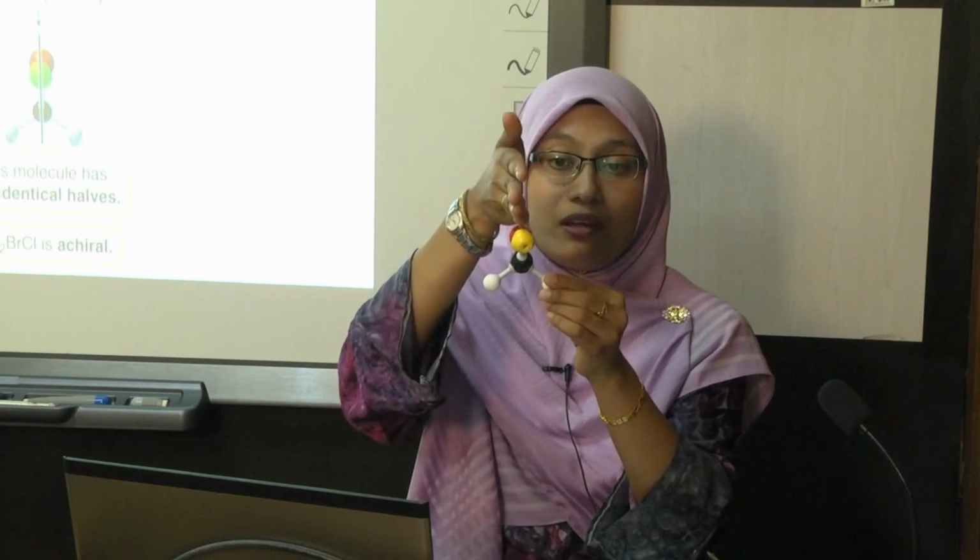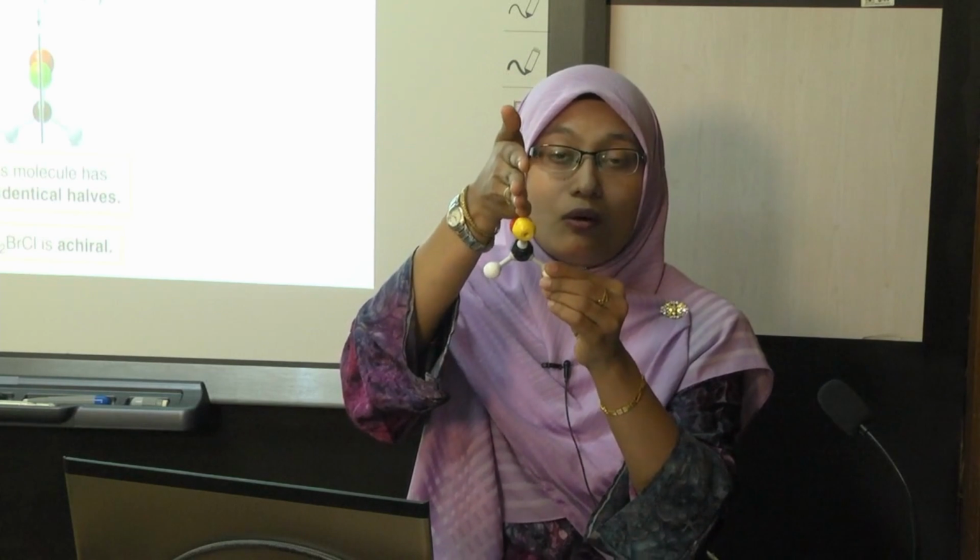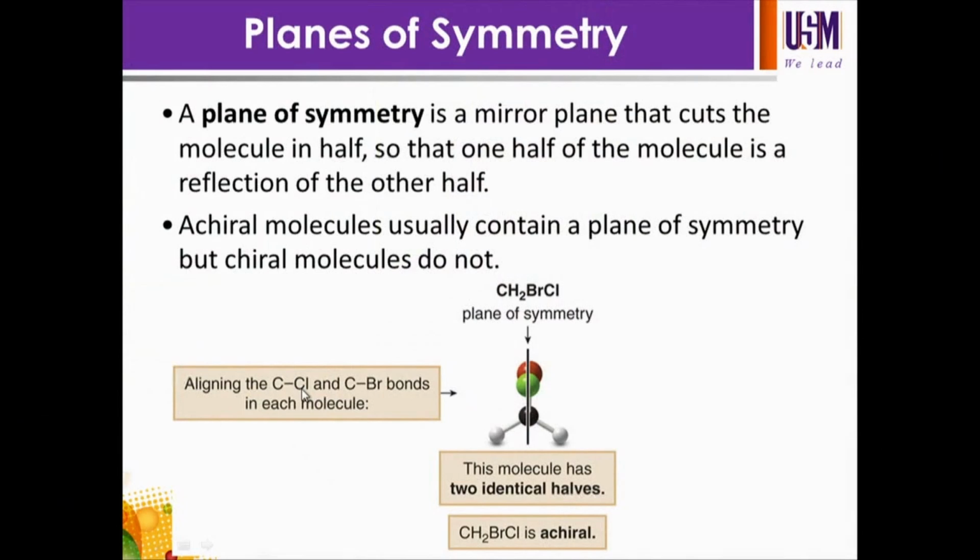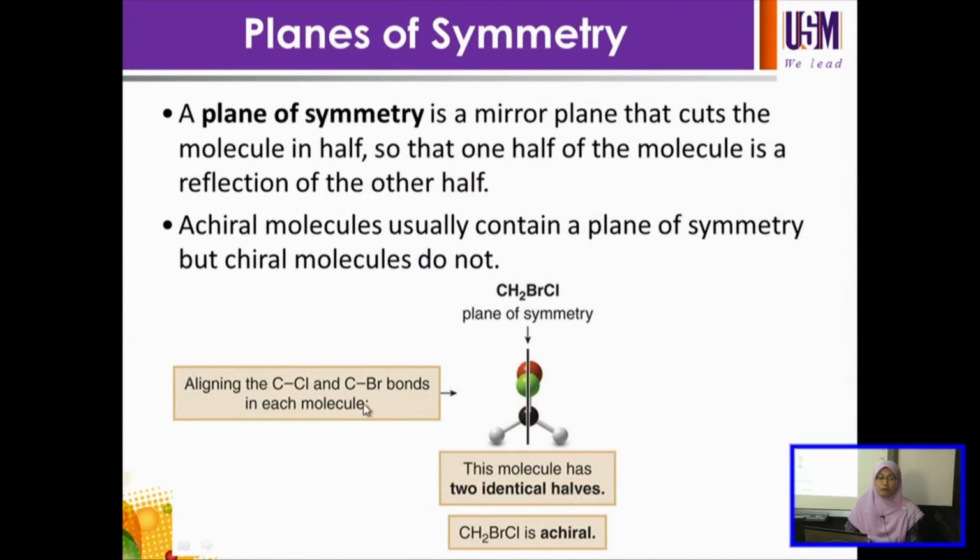We can put a mirror in the middle of the molecule, and we can have a mirror image of each other. Here we can align the carbon-chlorine and carbon-bromine bond in each atom, and we will have 2 molecules that are identical to each other. So this is another reason why bromochloromethane is achiral.